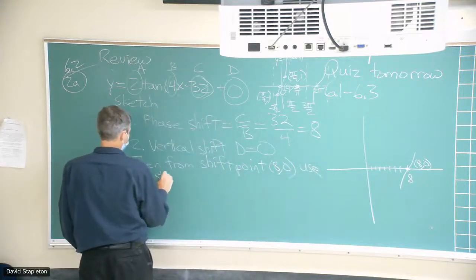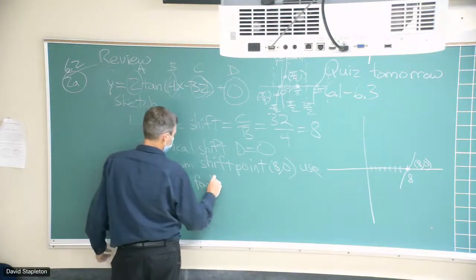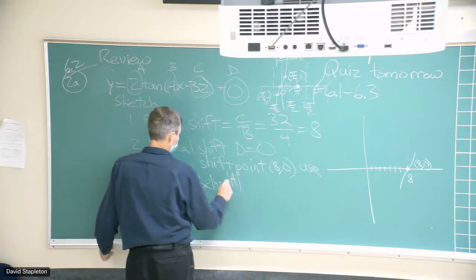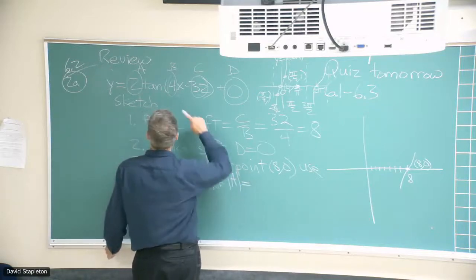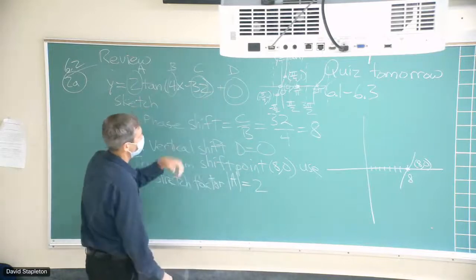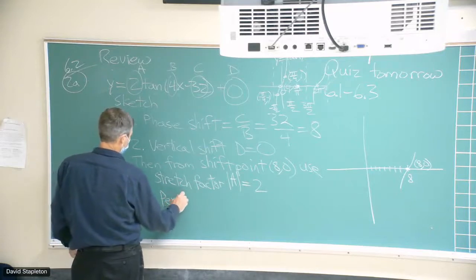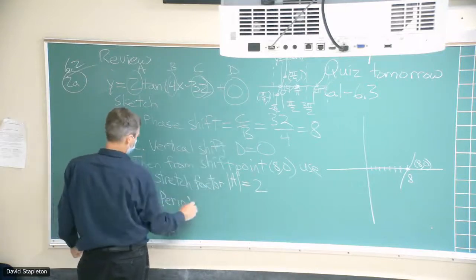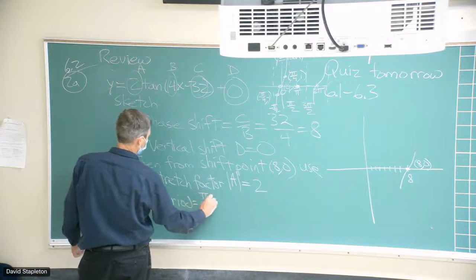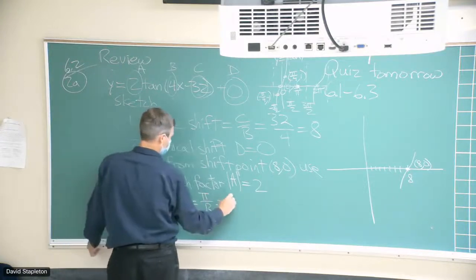The stretch factor, since it's not a wave, is the absolute value of A, just like the amplitude for sine and cosine, which is 2. So that's going to stretch it twice as tall, twice as far from the x-axis. And then the period, since the tangent function is pi periodic, is pi over b, not 2 pi over b. Remember that on the test. This is pi over 4.